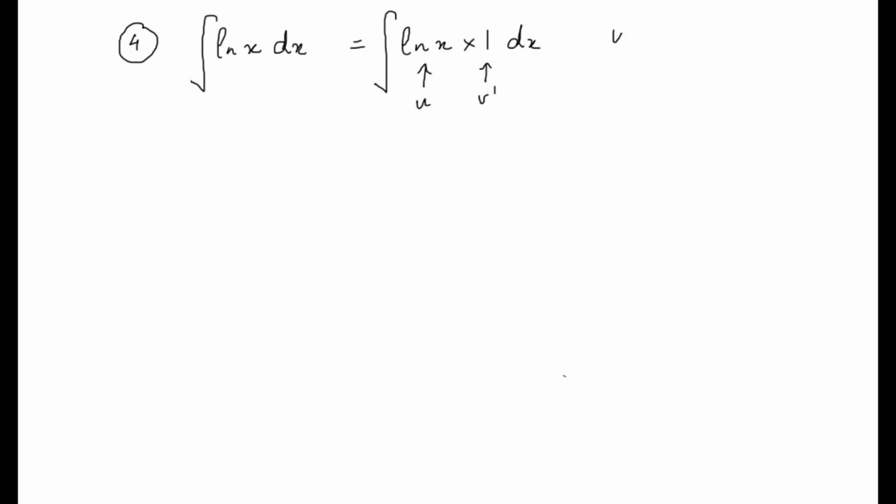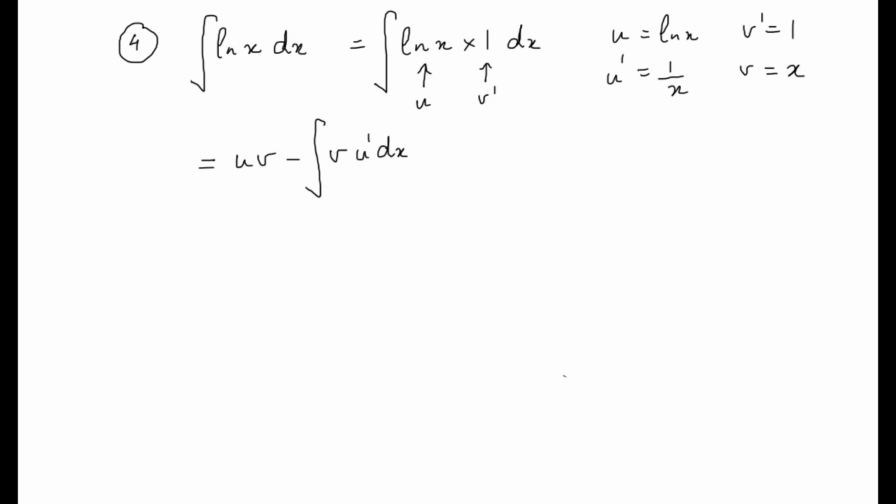So u is equal to log x, v dash is equal to 1. We differentiate u to get u dash, which is 1 by x. We integrate v dash to get v, which will be x. And then apply the formula for integration by parts, which is uv minus the integral of v u dash dx.